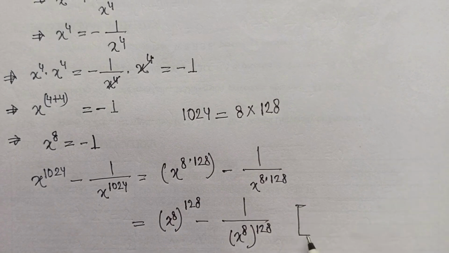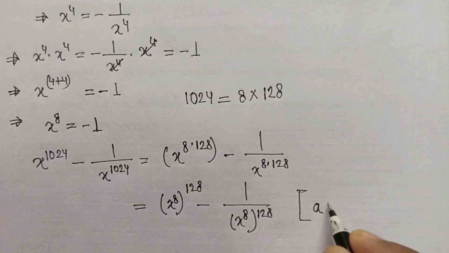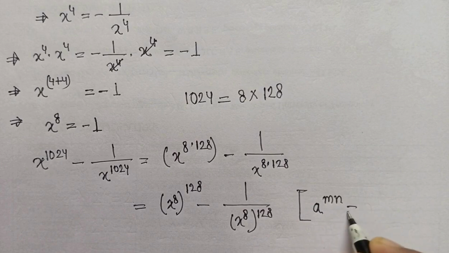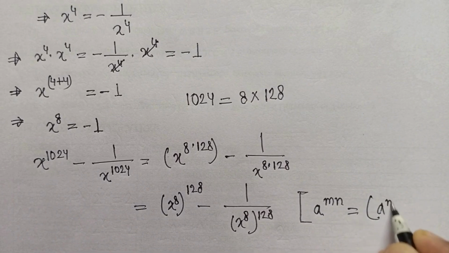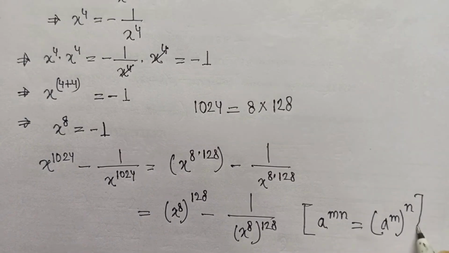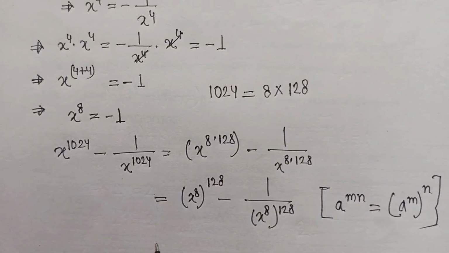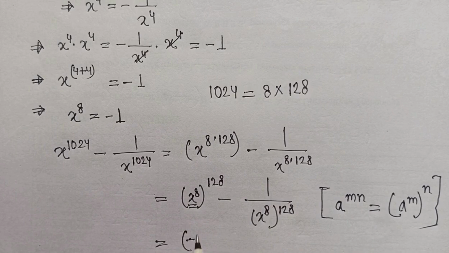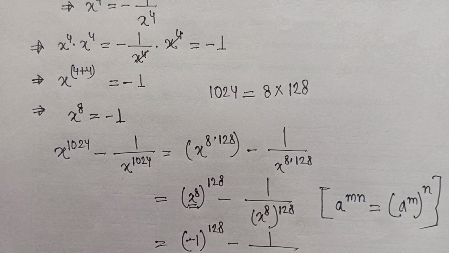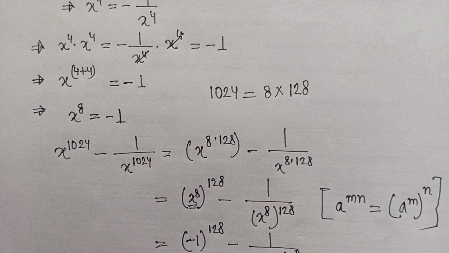As we know the formula a to the power mn is equal to (a to the power m) to the power n. Now we have the value of x to the power 8 as minus 1. If we put that minus 1 to the power 128 here and here, then we get the value equal to 1.